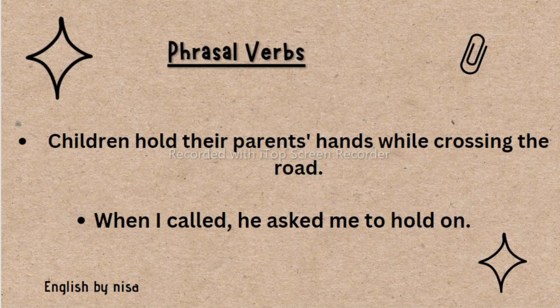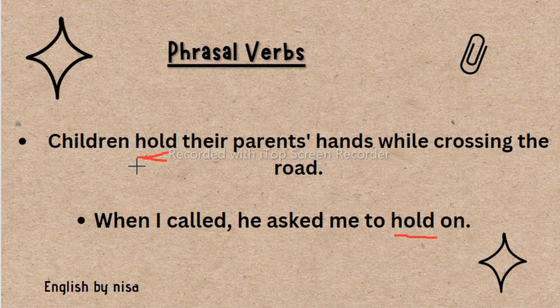So students, by these two examples, let us see the difference between normal verbs and phrasal verbs. The first sentence is: children hold their parents' hand while crossing the road. So this hold is a verb here. Then the second sentence is: when I called, he asked me to hold on.